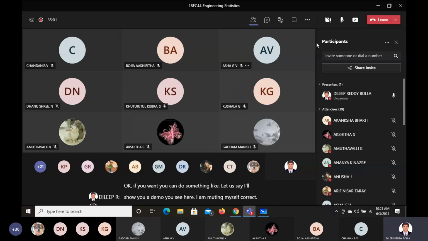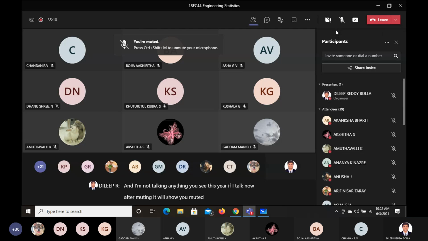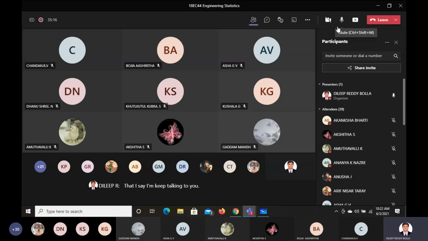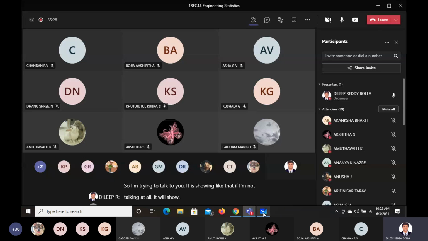If I talk now after muting, it will show you are muted. If I am not talking at all, it will show differently. Is it clear? So inbuilt, it has a noise suppressor.